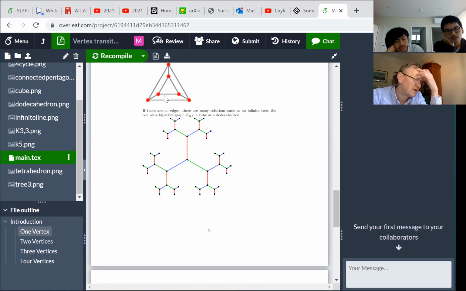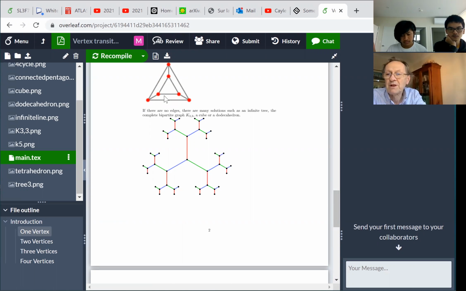That one is bipartite. That's fair. Maybe it was complete bipartite graphs. That's something to think about. If we have a complete bipartite graph, then can it be the sphere? No, but that would rule out a square, wouldn't it?